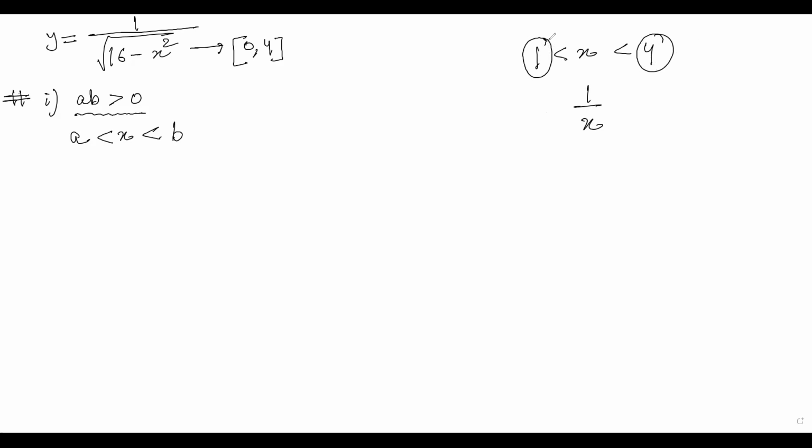The reciprocal of 1 is 1 and the reciprocal of 4 is 1 by 4. Now place them accordingly: 1 by 4 is lesser and the reciprocal of 1 is greater. So if x is in between A to B, 1 by x must belong to 1 by B to 1 by A.